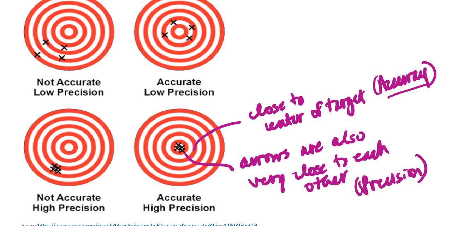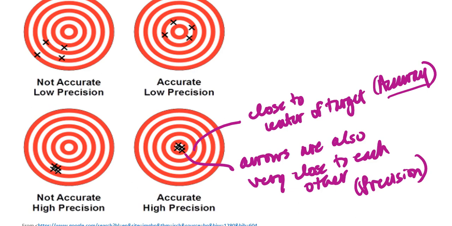If I can shoot an arrow and get it to hit the exact same spot over and over again, even if it's not the very center of the target, then I would be considered to be very precise in my shooting. Now, if in addition to that, I can hit the center of the target every single time, well then that would be an example of me being a very accurate shooter with a bow and arrow.